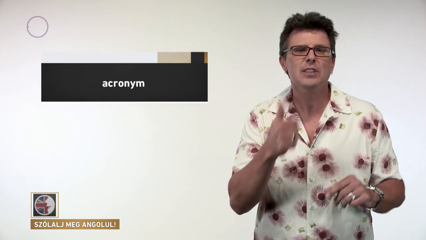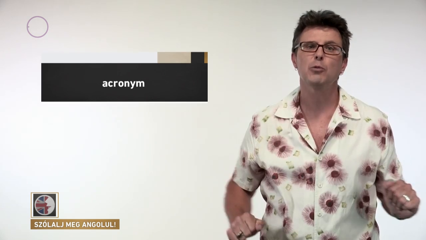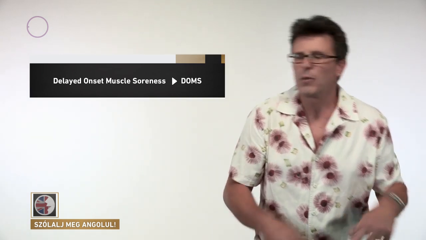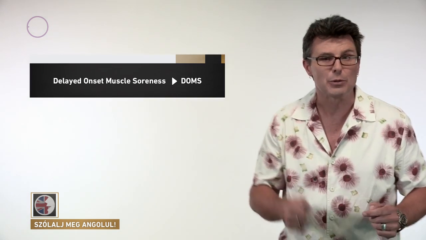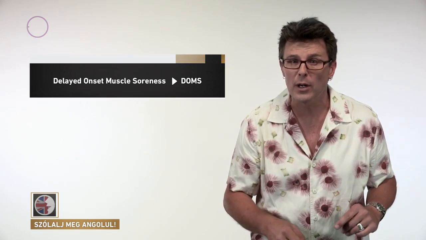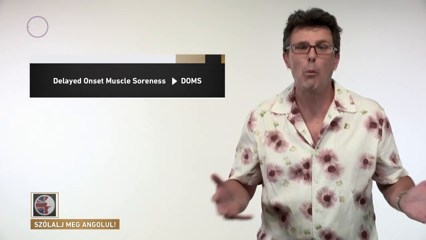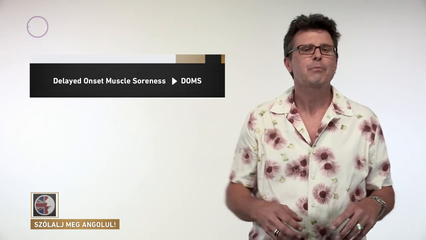We take the first letter of each word and use those letters to make a new, shorter word. So, for example, we take the words delayed onset muscle soreness and we use the initials from all four words to make the word DOMS, which is much shorter and easier to use.